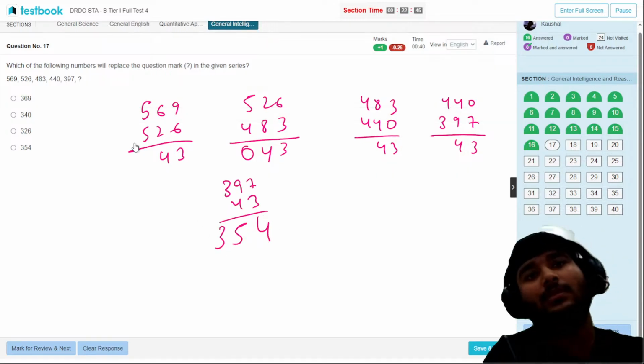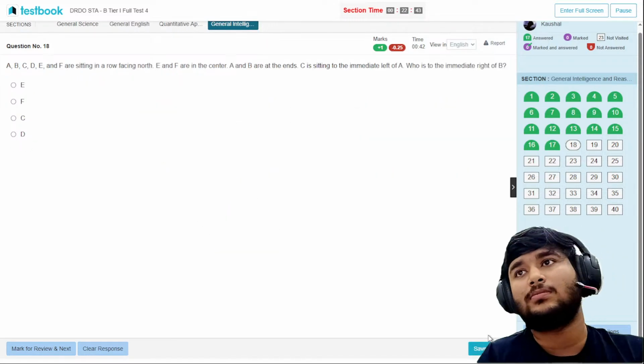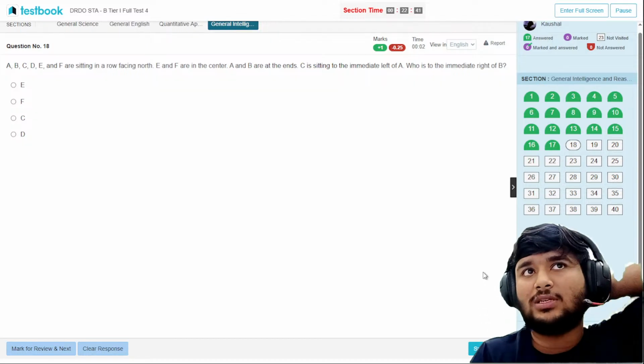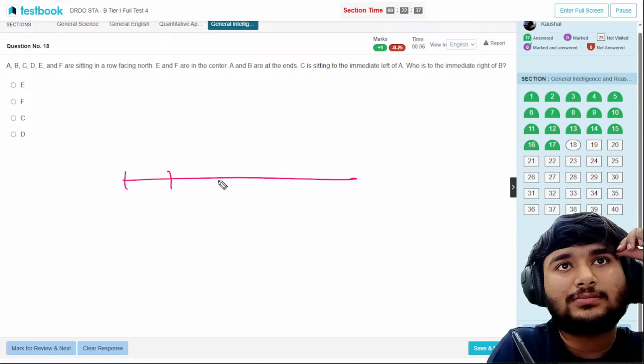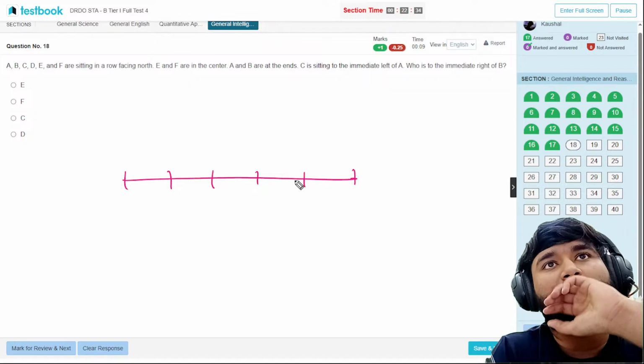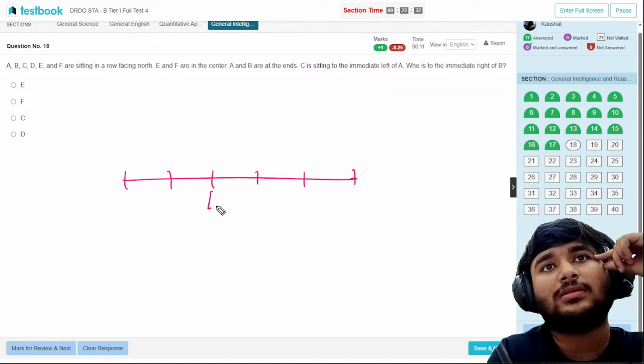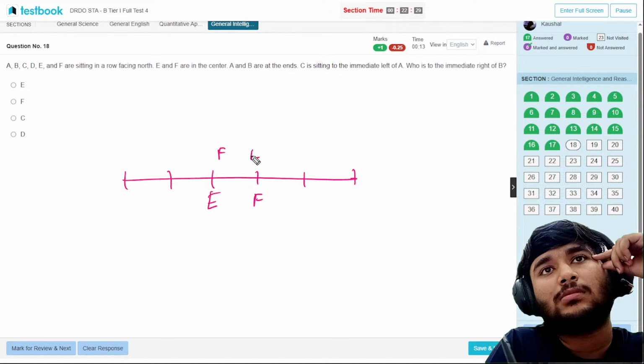354 are sitting facing north. E and F are in the center. A and B are at ends. ठीक है.